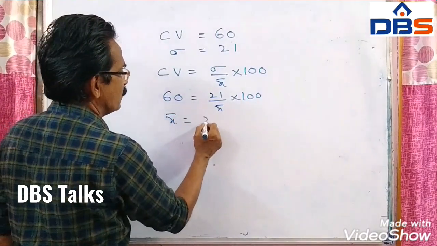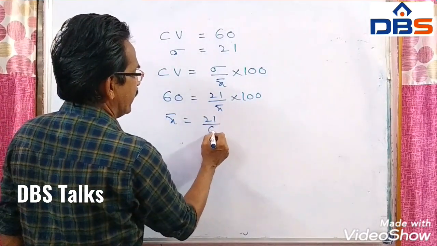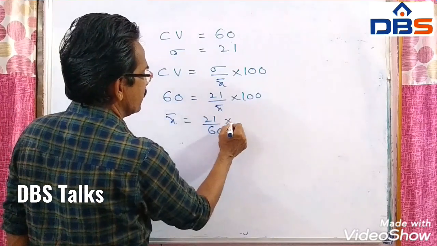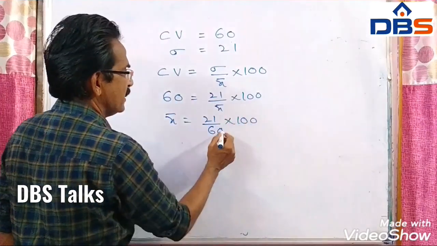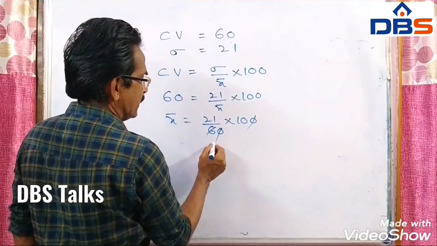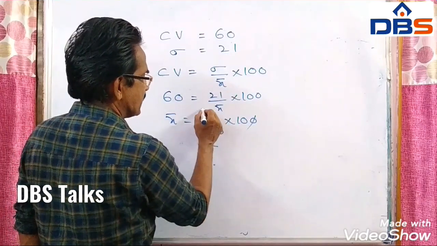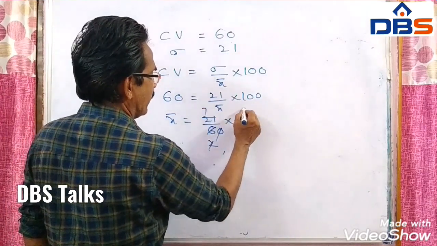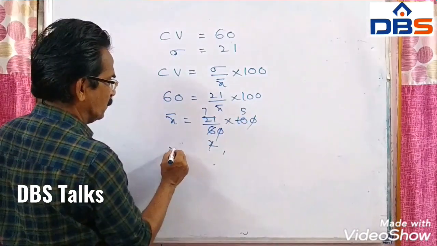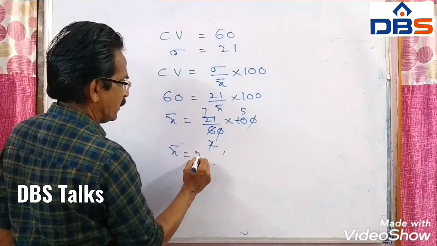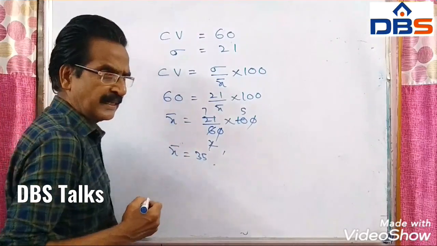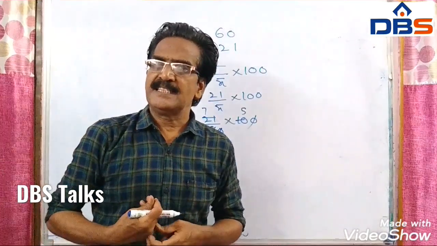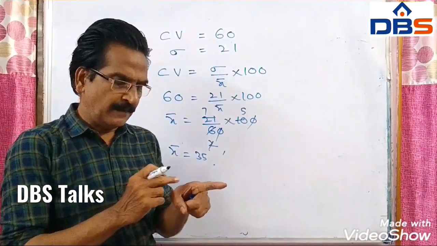X bar is equal to 21 by 60 into 100. 0, 0 gets cancelled. 3 2s are 6, 3 7s are 21, 2 1s are 2, 2 5s are 10. So x bar is equal to 35. Right friends? X bar is equal to 35.